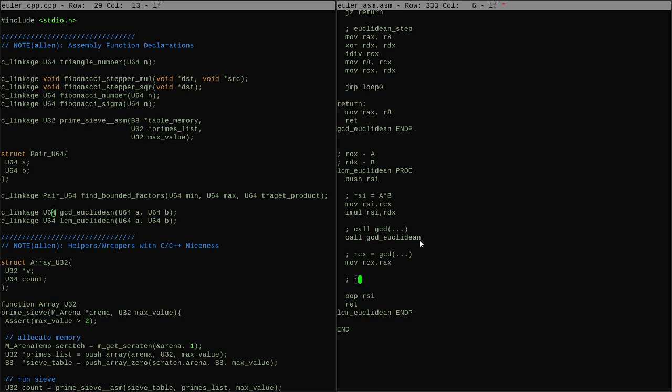And then I'm going to set RAX equal to RSI. RSI is the one that knows the A times B value. And I'm going to set RDX to 0.